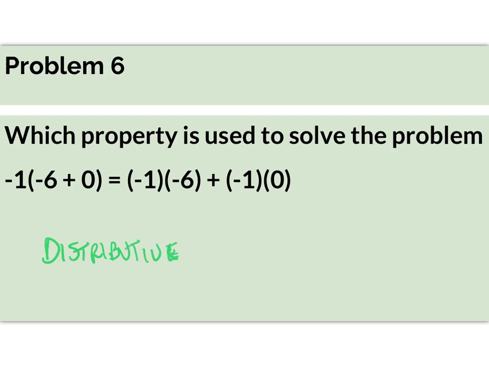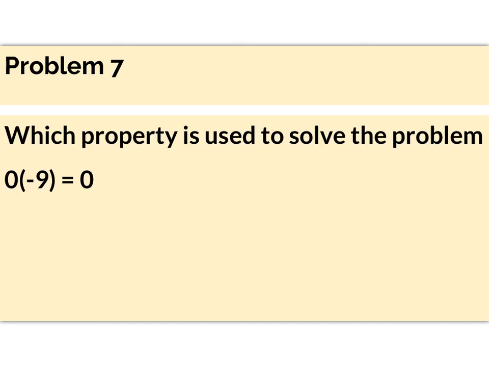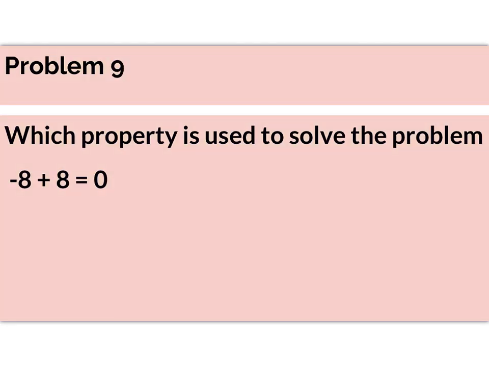And all we're doing in this video is just identifying properties. This is the 0 property of multiplication, or the identity property of multiplication. Okay, this is an identity property of addition. Negative 8 plus 8. This is the additive inverse, or a 0 pair.